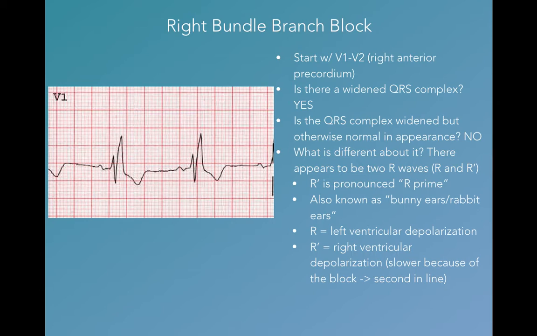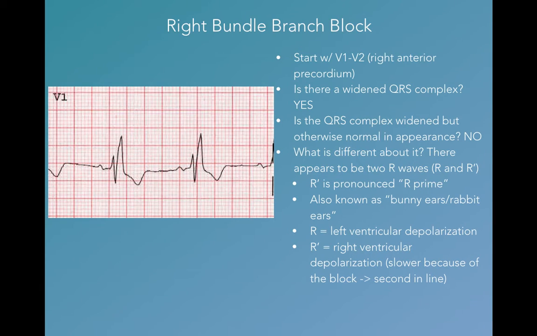So the first R wave is the left ventricle, and then you see a downward area followed by another upward spike, which is known as R prime, and that would be when the right ventricle depolarizes. Remember, the right bundle is slowed, so it takes a while. So the left ventricle is followed by the right ventricle, and this is R and then R prime.